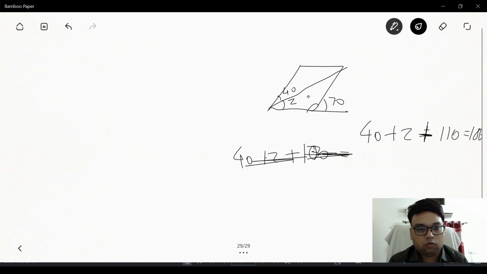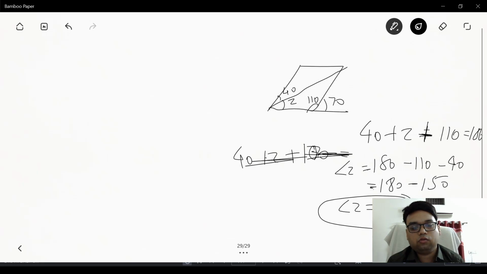This is equal to 110 degree. So angle z will be equal to 180 minus 110 minus 40. So angle z will be equal to 180 minus 150. Angle z will be equal to 30 degree.